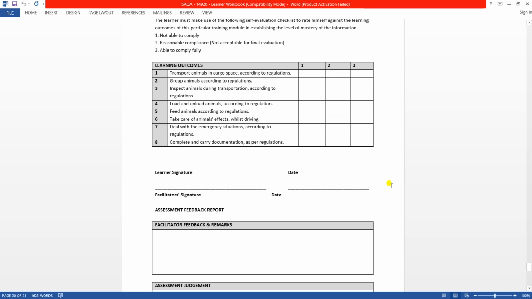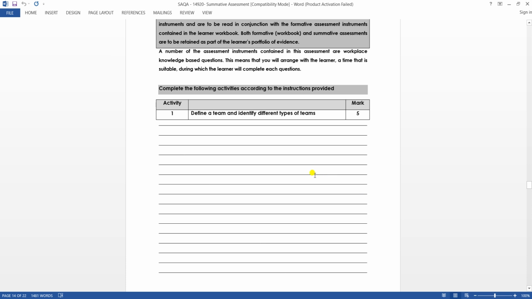So let's move on to your summative assessment. For your summative assessment, activity 1, you need to define a team and identify different types of teams. That's for 5 marks. Again, guys, I will emphasize this: there are certain questions that repeat themselves from your learner workbook activity and summative assessment.